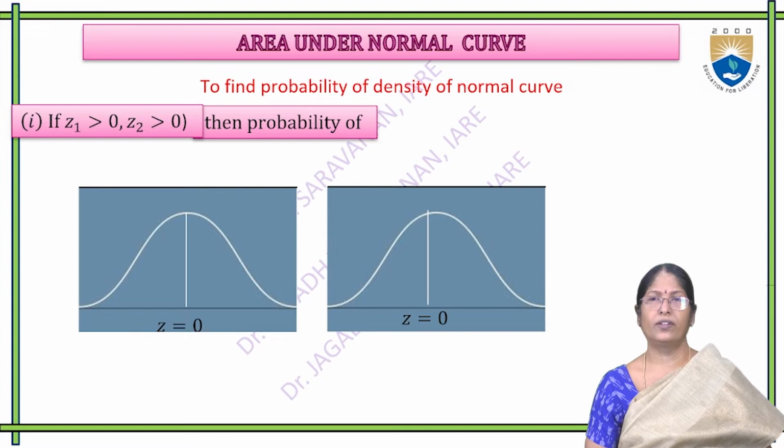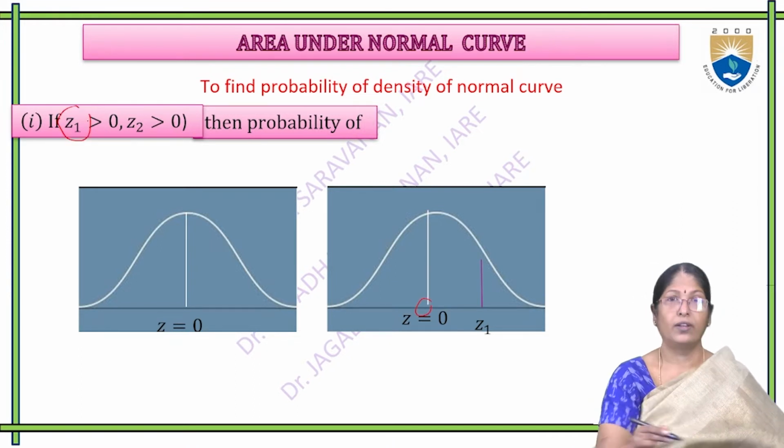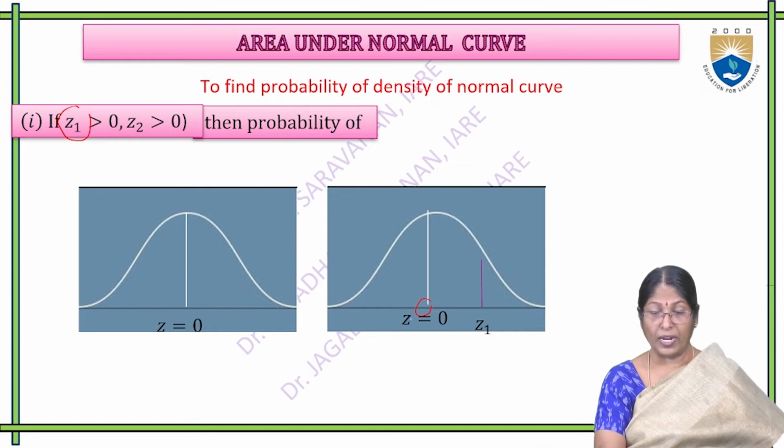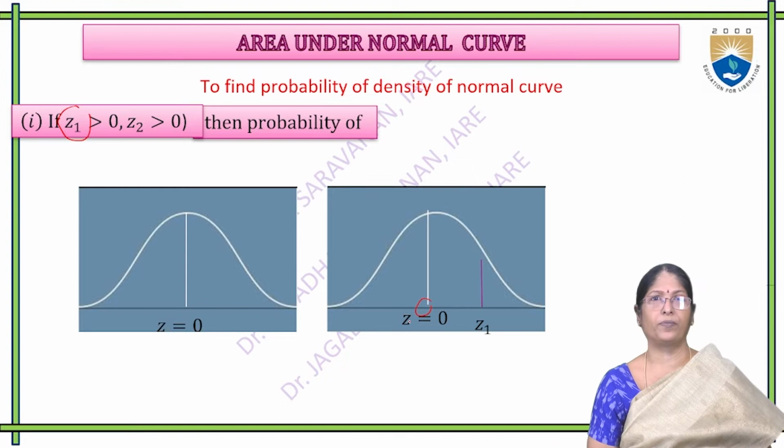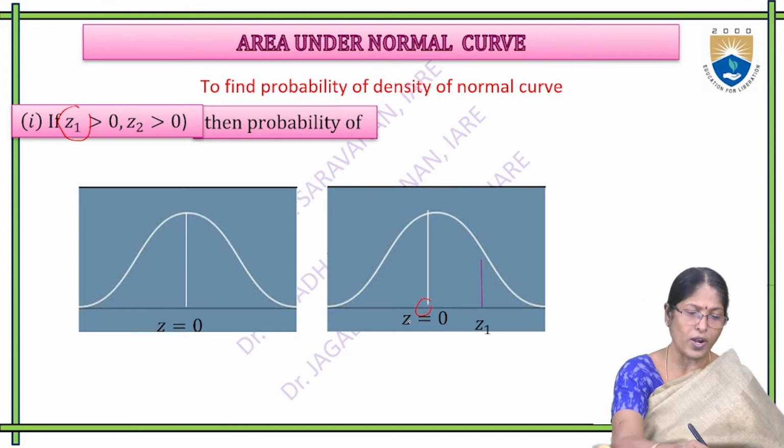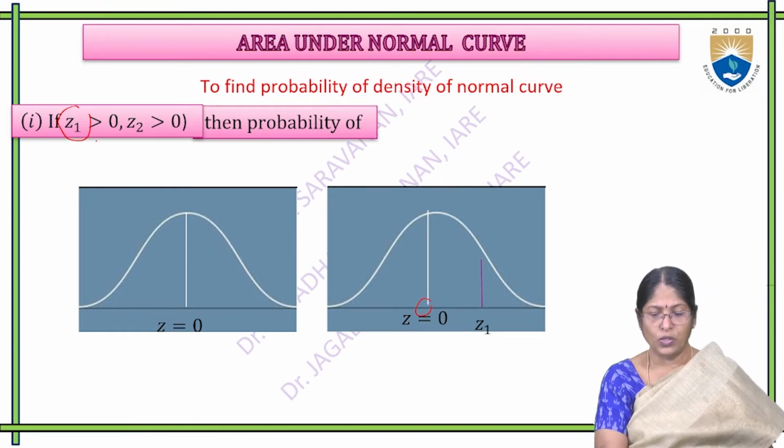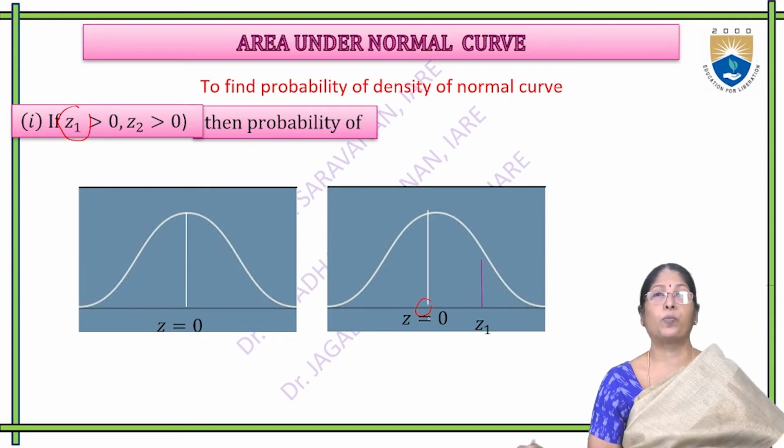Here we can see it. Z1 is greater than 0. It is placed on the right hand side of z. Whether to the left or right side, we have to take the decision. As the given one is greater than 0, it is to be placed to the right of the point z.